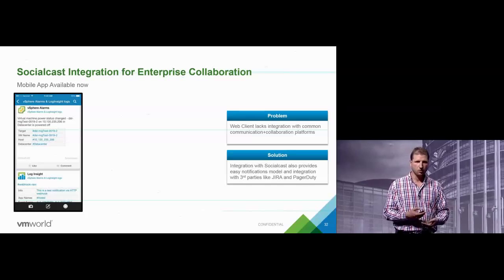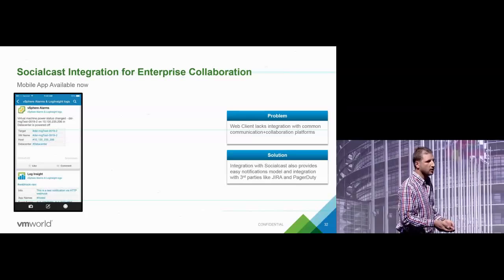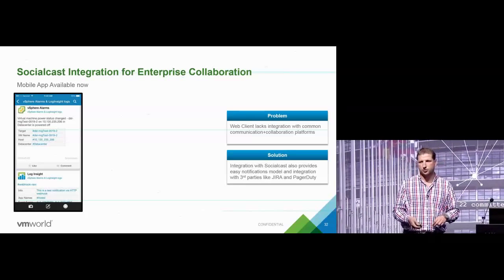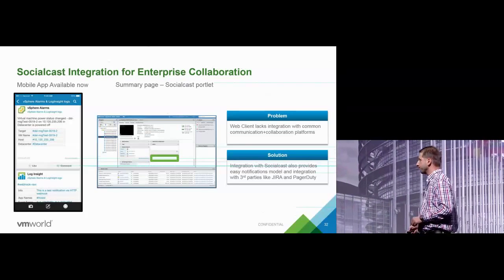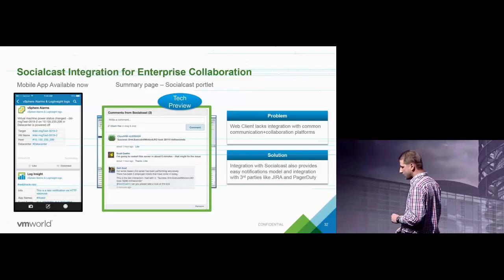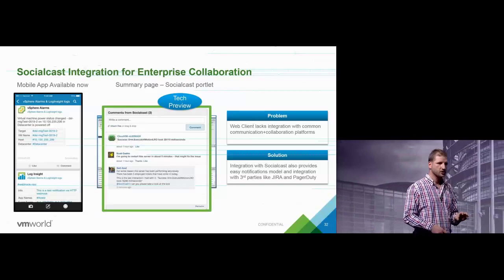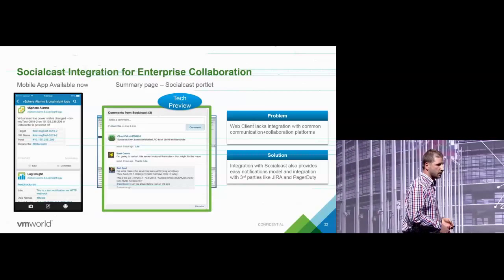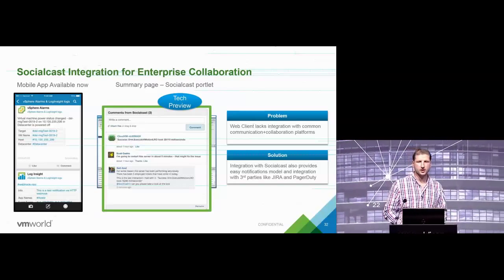And then on your mobile app, you can see if an alarm goes red or however you have defined it, and you can start collaborating by doing Socialcast streams and discussing what's wrong with this object. This is available now, but what we are working on is actually integrating Socialcast within the web client. So what we are thinking of having on the summary pages of an object is a portlet with Socialcast, and then people can actually collaborate and discuss this particular object, if there is something wrong with it or whatever.